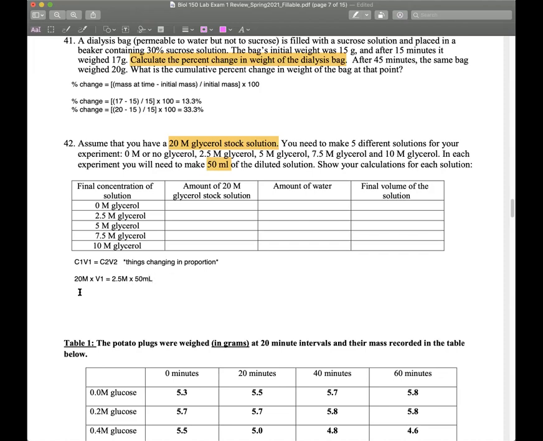So what we have here is 20 times V1 equals 2.5 times 50.